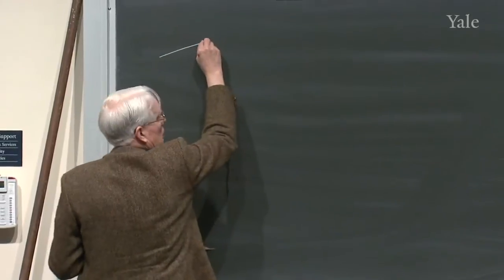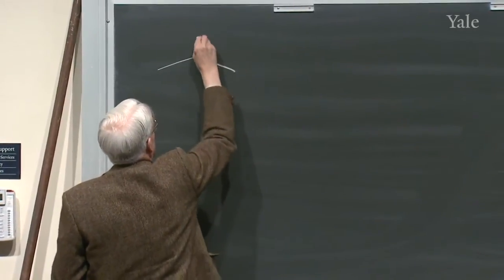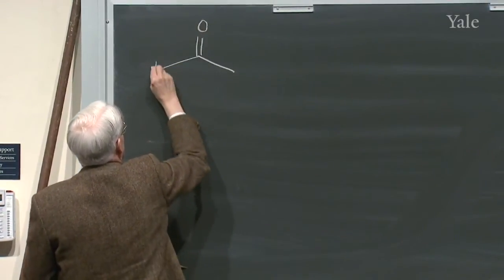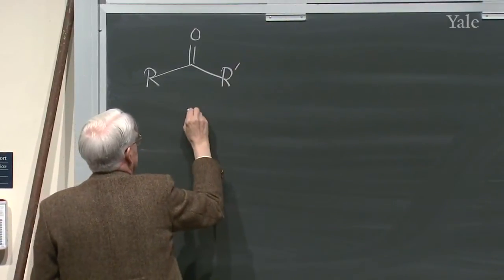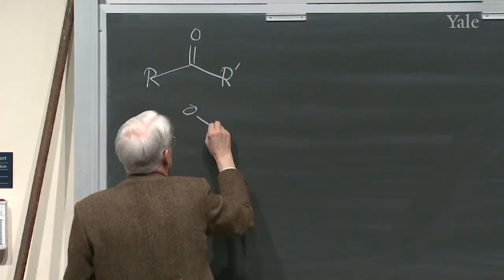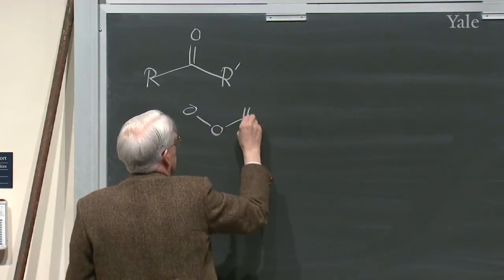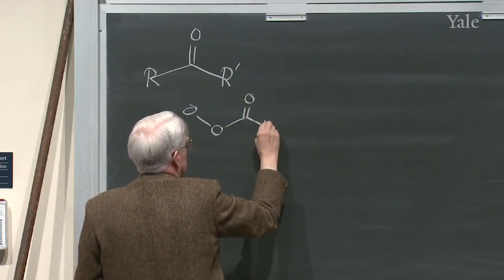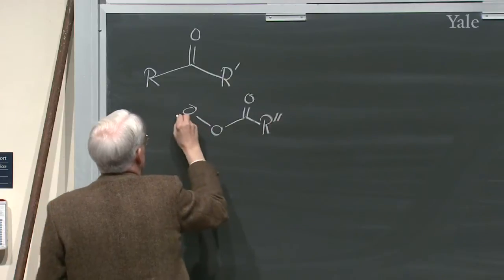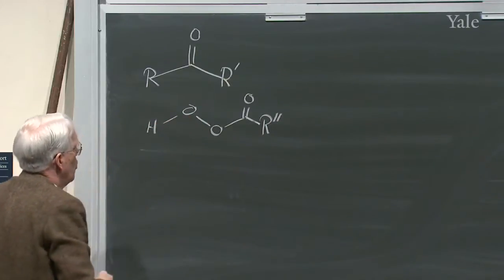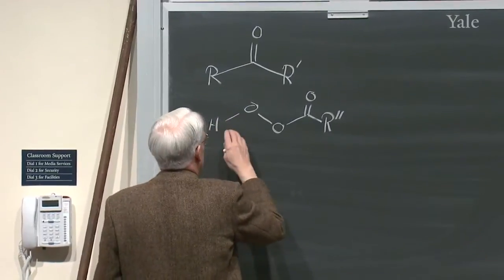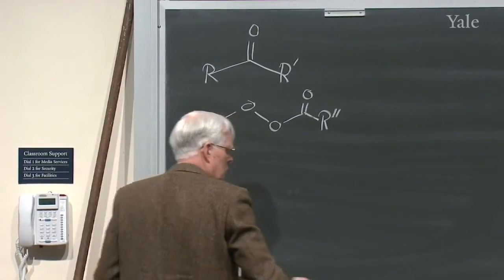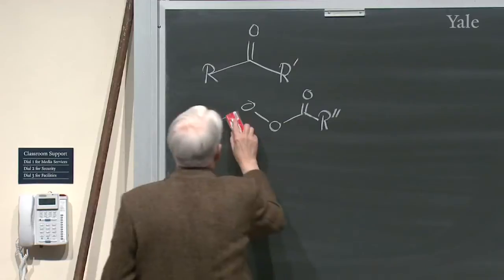Okay, so the Baeyer-Villiger reaction, as we said, starts with a ketone and reacts with a peroxy acid, which is, of course, an acid. It's got a pKa, I think, about 7 or something like that. So we can get the anion here.